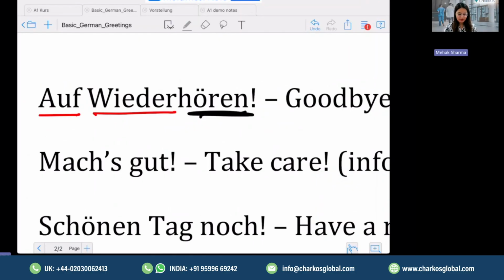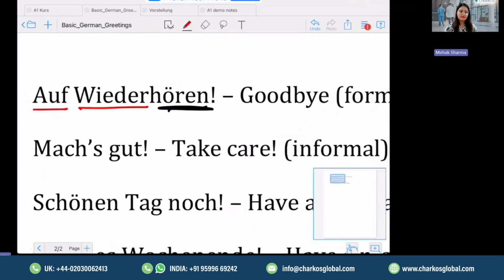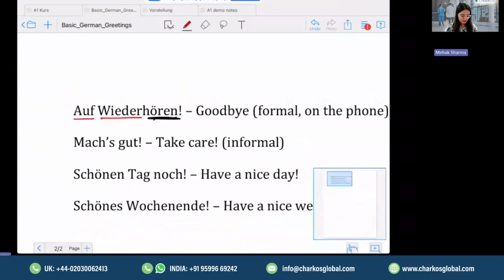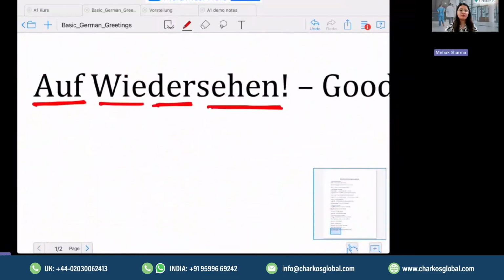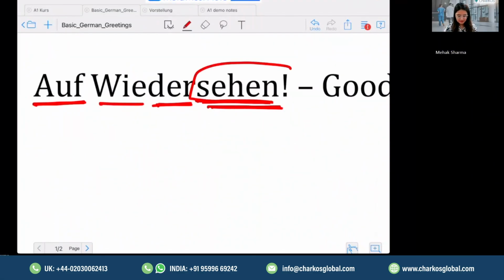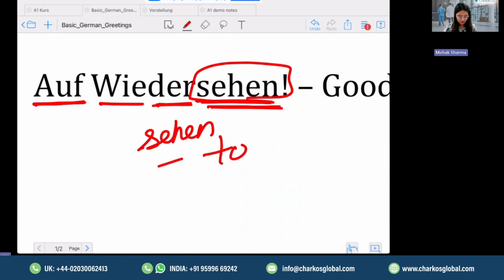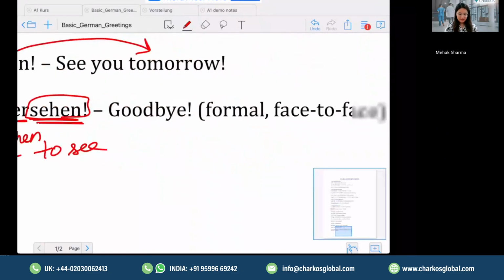In order to help you understand this better, let me tell you the logic behind it. Going to the previous one, auf Wiedersehen. So basically, this sehen is a verb which means to see, face to face.